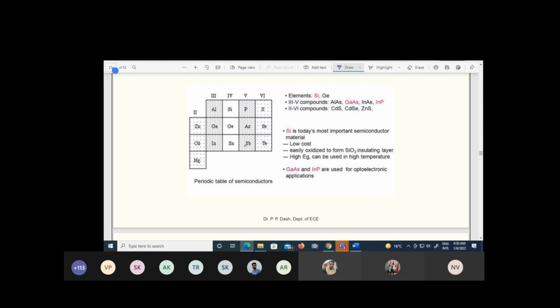You can see that silicon, germanium, tin are the semiconductor materials. Also, if you take the alloy of the third group and fifth group, like gallium arsenide, aluminum arsenide, indium phosphide, these can also be semiconductor materials when they are combined.